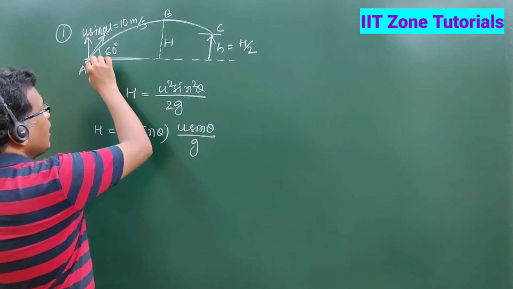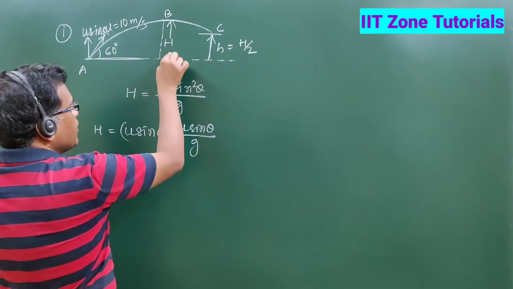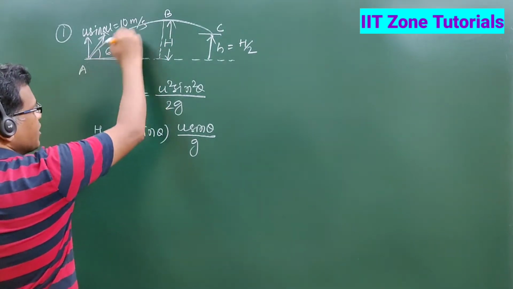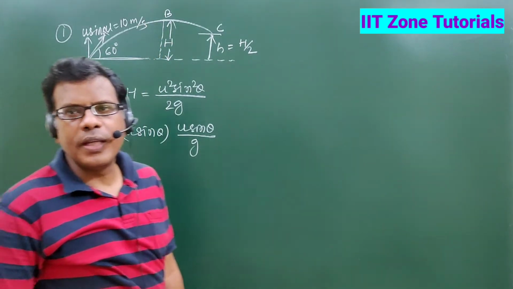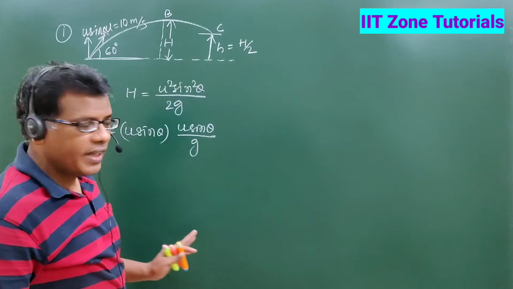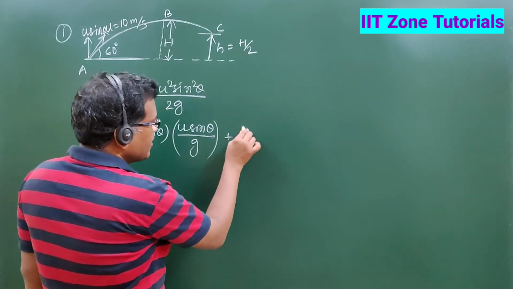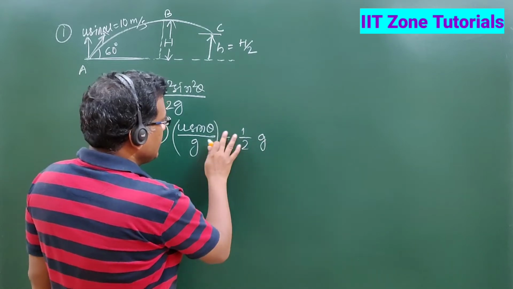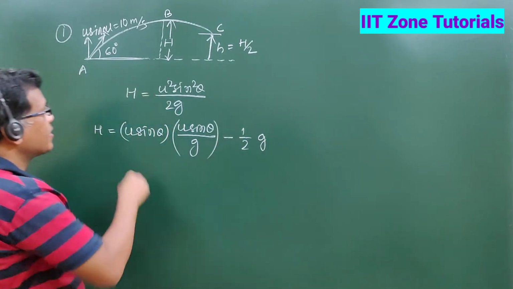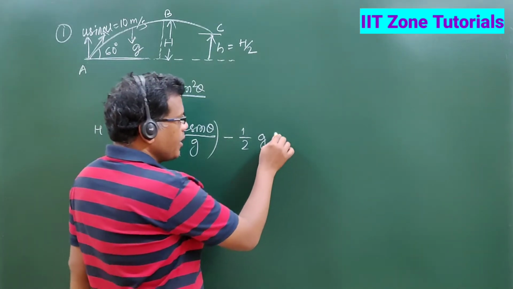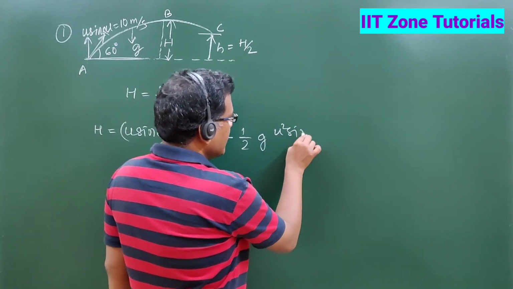The maximum height is attained in the journey from A to B, and A to B is half of the total flight, so that time is u sin theta by g. Using s equals ut plus half g t square, with g written as minus because g acts vertically downward, t is u sin theta by g.